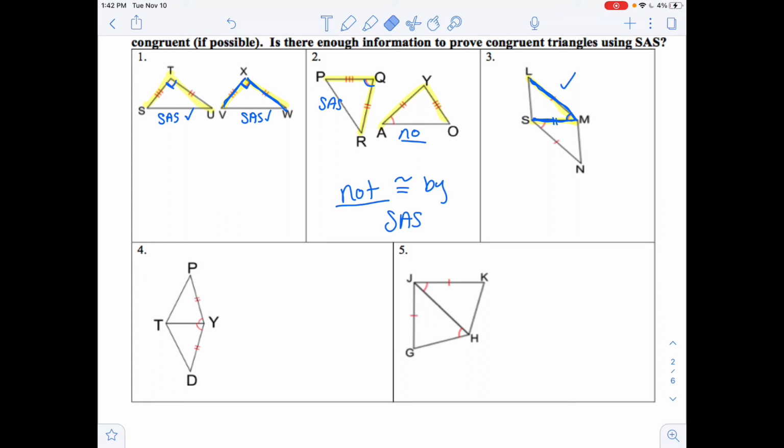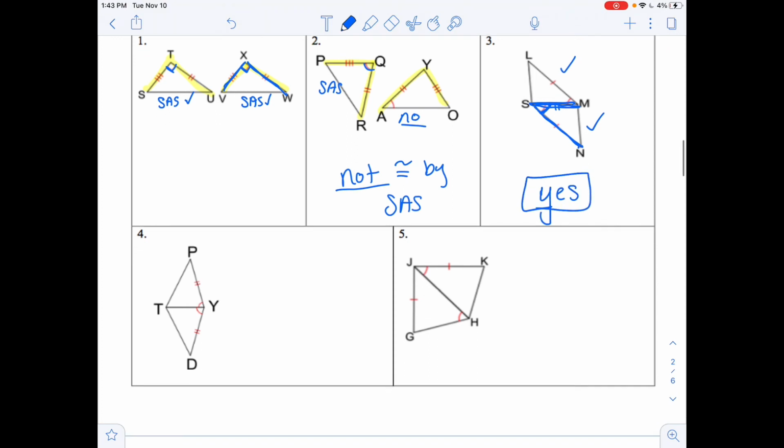That one works, and then I'll look at the bottom one. Got a side, included angle, so that's a yes. Try those last two, and then unpause your video, check your work. You should have paused, done the work, and then this is your unpausing time where you would have checked it. Number 4, same idea.